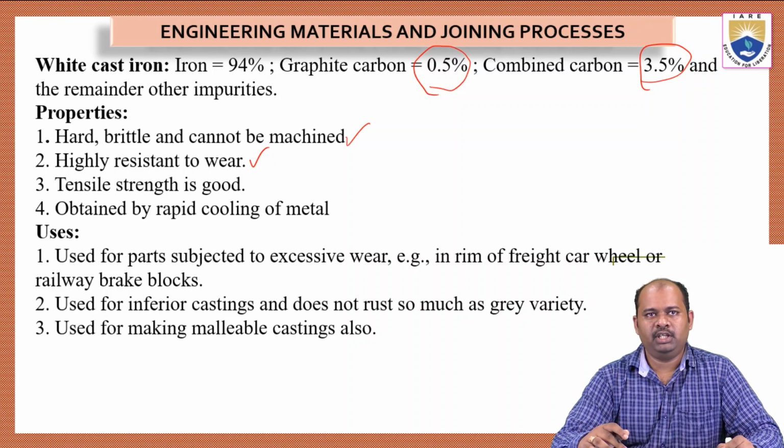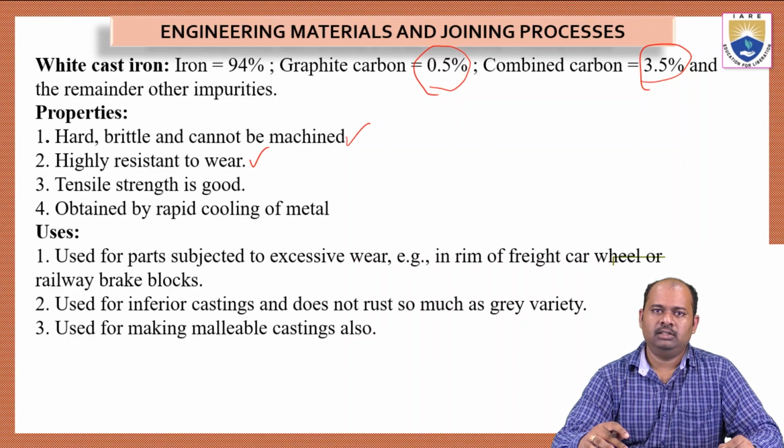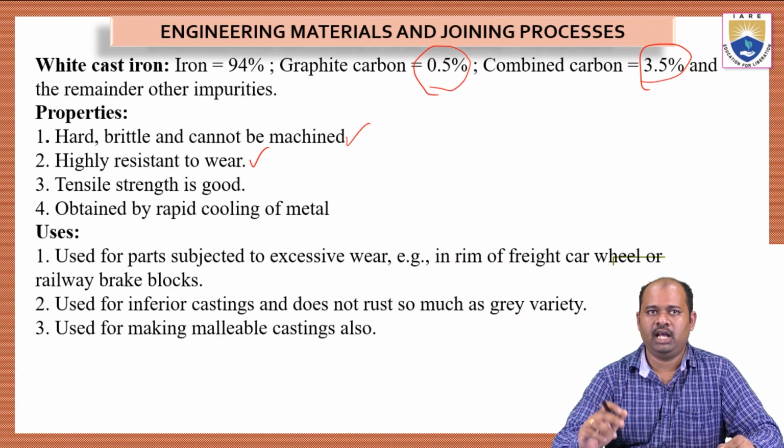Now the next property is that the tensile strength is very good for this cast iron. Generally cast iron is brittle, and due to brittleness it cannot hold tensile loads. But this white cast iron is different. It can carry tensile loads also.